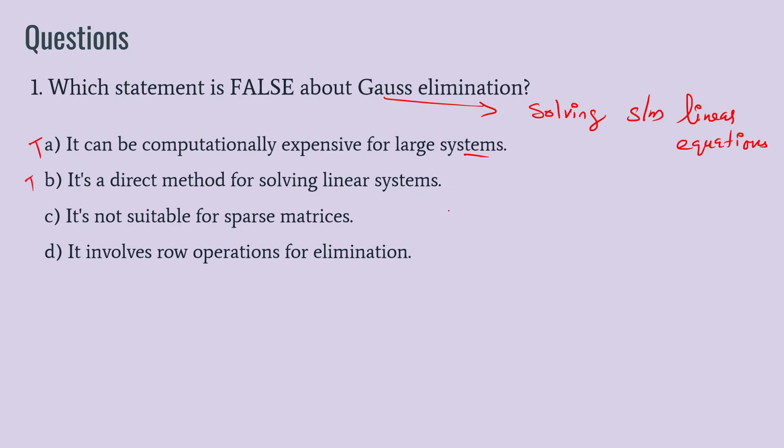Sparse matrices are matrices where the number of zero elements will be greater than the number of non-zero elements, or comparatively, the number of zeros will be higher, greater or almost equal to the number of non-zero elements.